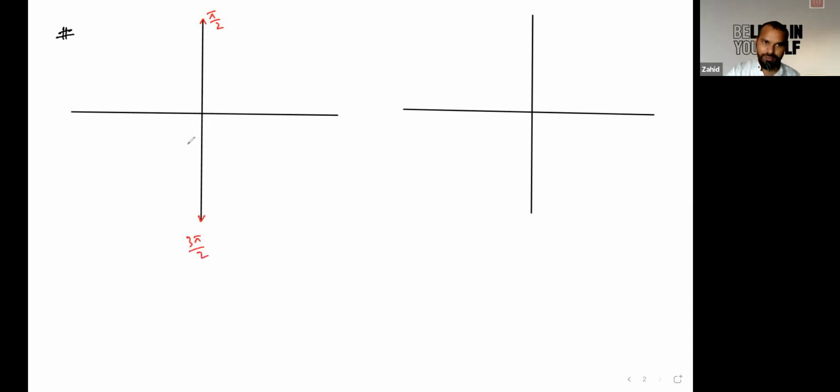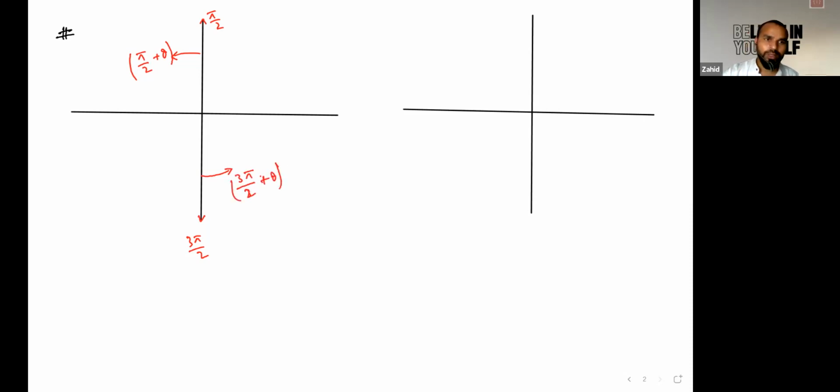If you move in this particular Cartesian plane anti-clockwise, the angle would be positive, and while moving clockwise, the angle would be negative. So if you move from this point to the left side this way, it would be pi by 2 plus theta. Similarly, by moving this way in anti-clockwise, it would be 3 pi by 2 plus theta.